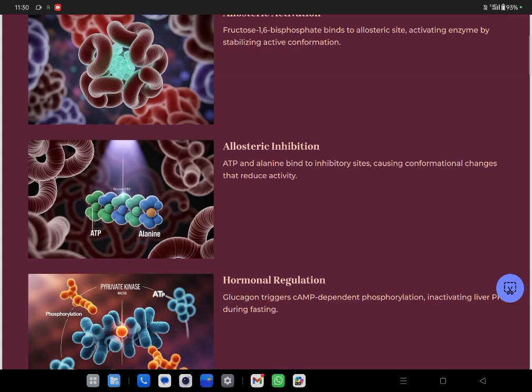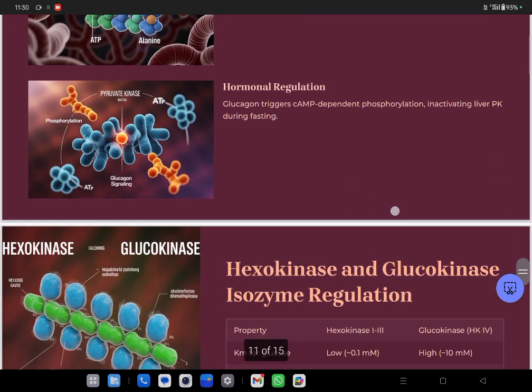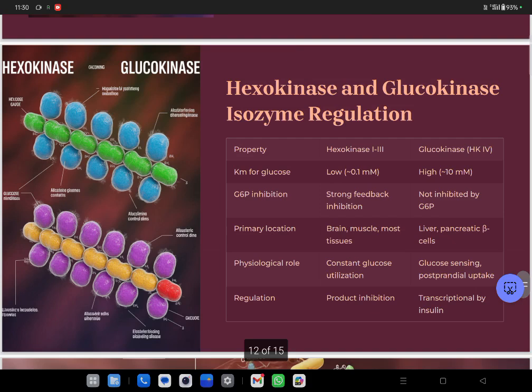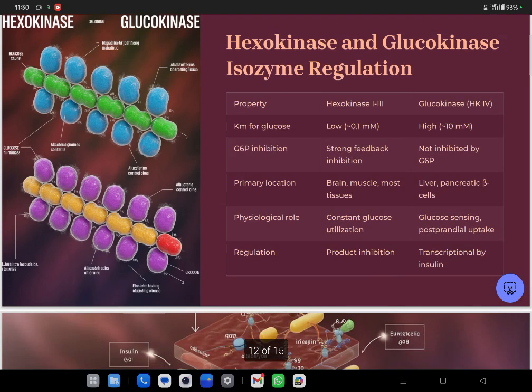And you know hormonal regulation, which I told, glucagon. It actually stops glycolysis. Hexokinase and glucokinase isoenzyme regulation. So this is basically a comparison of hexokinase and glucokinase.